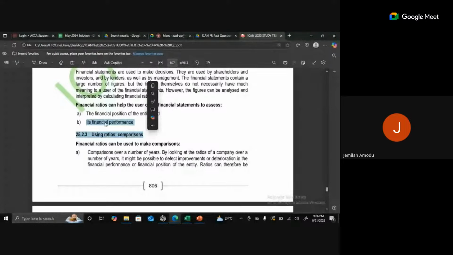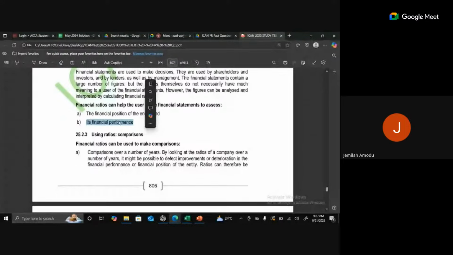Now, it also helps to understand the financial performance. When we're talking about financial performance, we are looking at our income statement. It helps us to know how we are doing, right? Beyond those numbers, because okay, income statement is even easier to understand because you can say, oh, this is the revenue I'm making, this is my net profit, but despite that, some business owners still have problem understanding it.